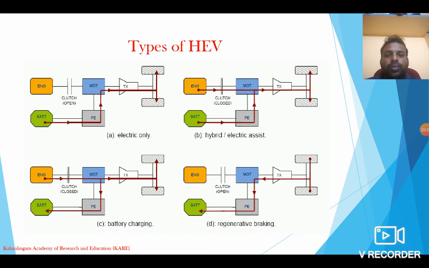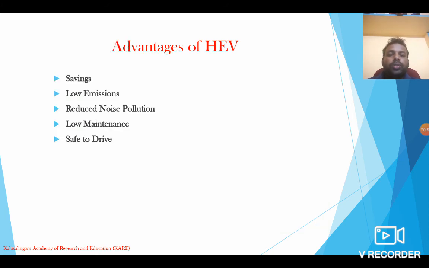So these are the modes of operation of a hybrid electric vehicle. Now some important advantages of the hybrid electric vehicle: we can save fuel, it has low pollution, reduced noise pollution, and low maintenance. When compared with internal combustion engines, it has fewer moving parts, so it requires minimum maintenance and is safe to drive.